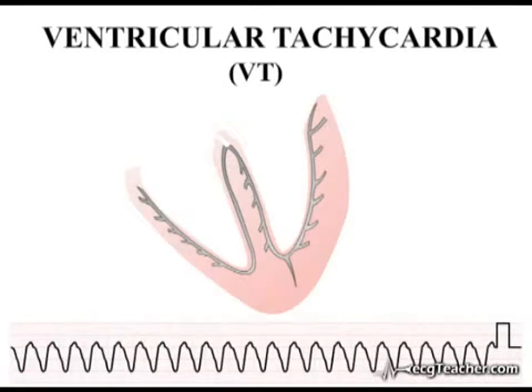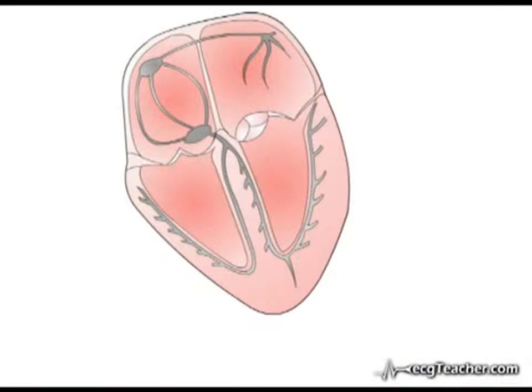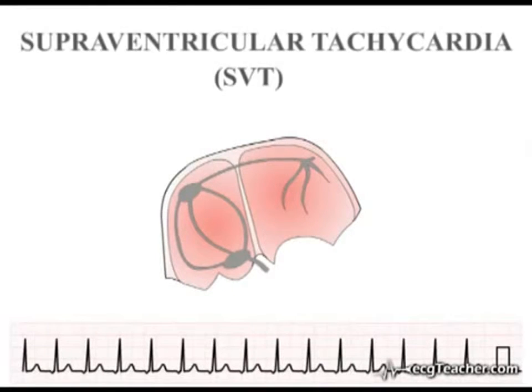For the reasons outlined in the video on ectopic beats, tachyarrhythmias arising from a focus in this region are associated with broad QRS complexes. Tachycardia arising from a focus in or anywhere above the bundle of His is called a supraventricular tachycardia.